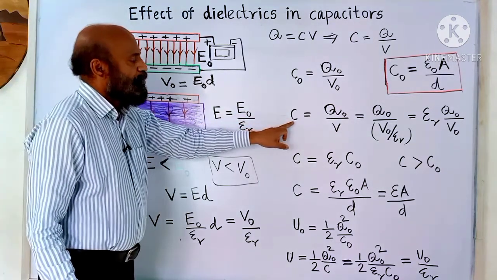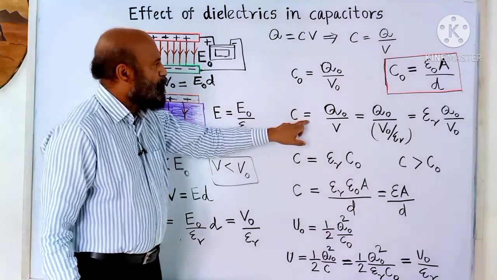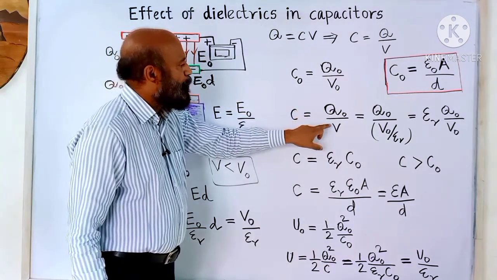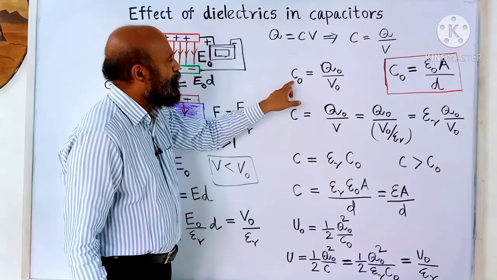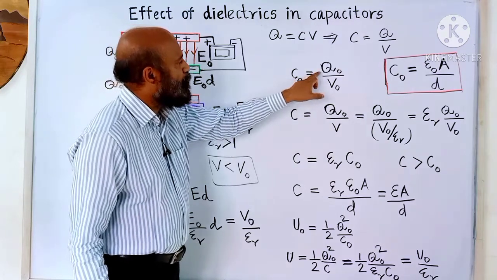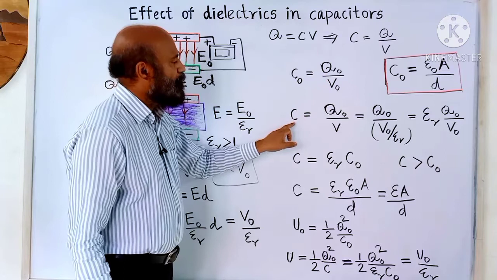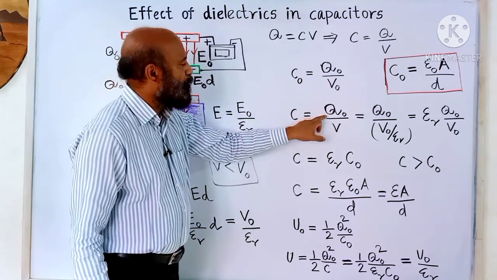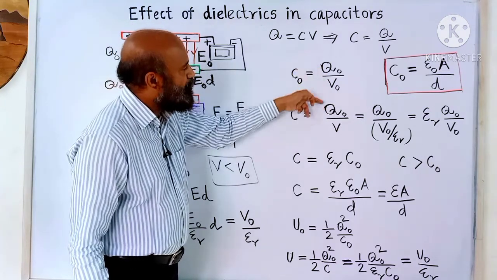So the new capacitance C is equal to Q0 by V. Initially, before introducing the dielectric, C0 is Q0 by V0. Now the new capacitance C is equal to Q0 by V. You can see the charge remains constant.